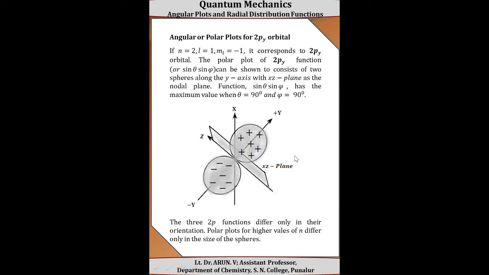In the plus y direction it is positive, and in the minus y direction it is negative. The function sin theta sin phi has a maximum value when theta is equal to 90 degree and phi is equal to 90 degree.